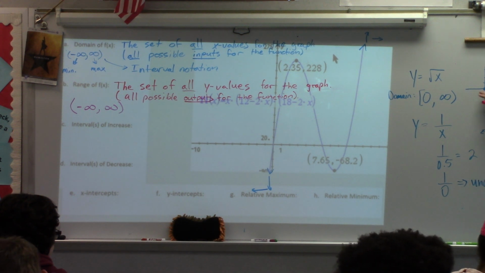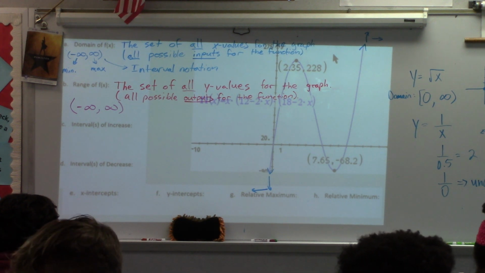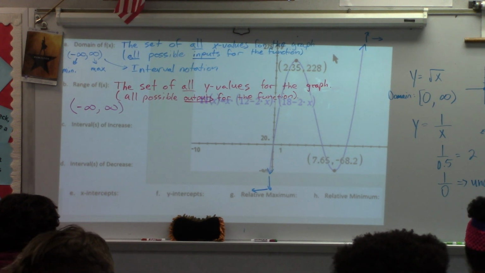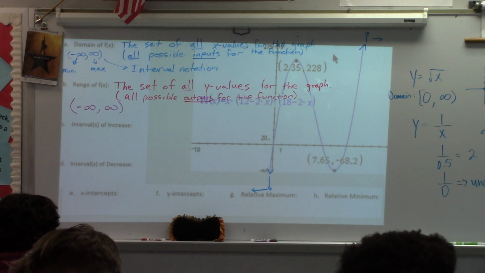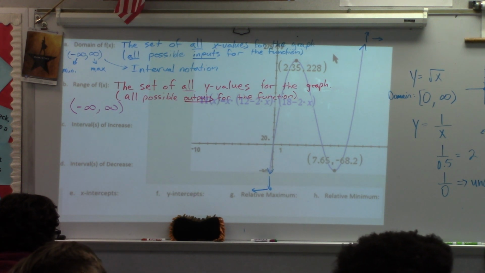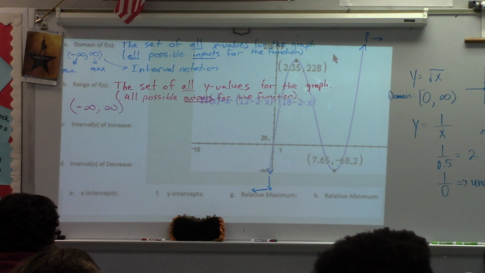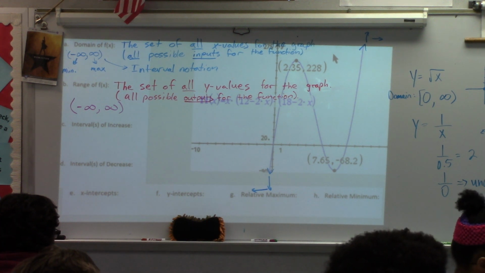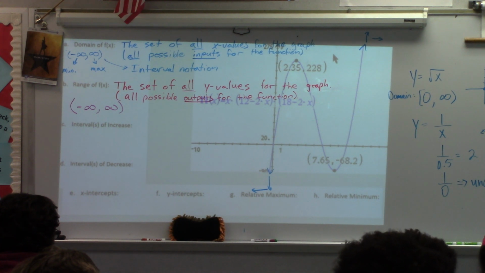What's the lowest y value? 0. Will it ever quit going up? No. Notice it is going to the right, which is what you're thinking, but it's also going up. Bracket or a parenthesis on that 0? Bracket. It has the value of 0, right? Bracket or parenthesis on the infinity? Would you take off points for understanding if we don't use brackets? Yes. Okay.